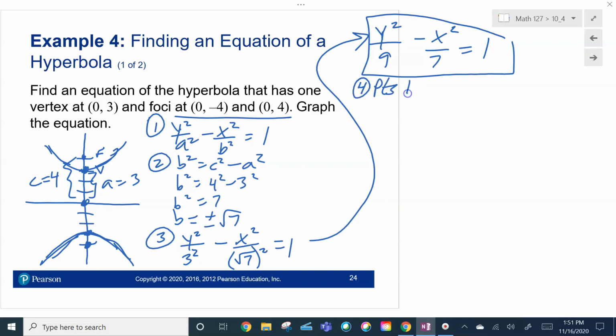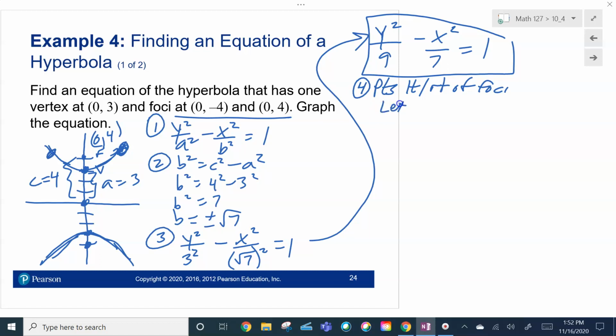Let's get our points. Points left and right of the foci. Now the focus is at 0, 4, right? So I'm going to let y be 4 so I can get this point out here, and then the other point out here. I'm also going to let y be negative 4.